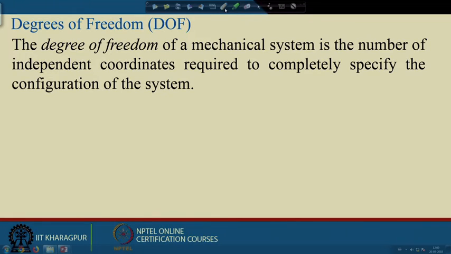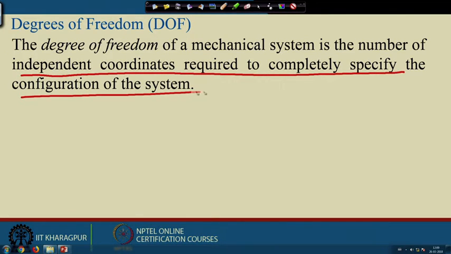These two definitions actually tell you the same story. I leave it to you to realize that, and as we go further we'll understand what it means. Independent coordinates required to completely specify the configuration of the system, right. So this is the degrees of freedom.